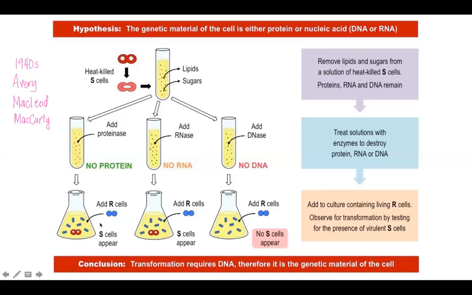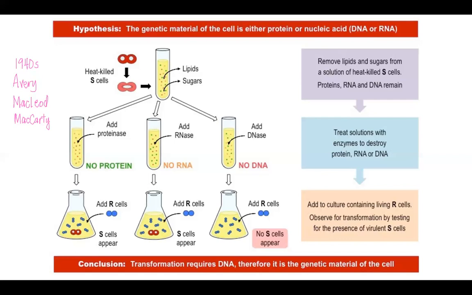And what they observed was in the first solution where you only have RNA and DNA and no protein, S cells appeared. In the second solution where you only have protein and DNA, so there's no RNA, S cells also appeared. But in the third solution, wherein you have protein and RNA but no DNA, S cells did not appear.